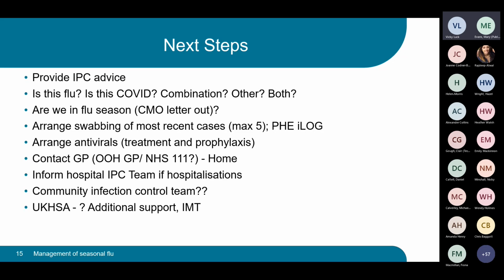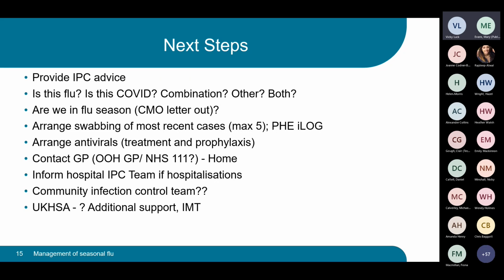Informing hospital infection control teams if you've got any of the residents that have been infected, and contacting any community infection control teams who may be able to provide support to the home if there's any particular infection control issues. And again, we're in quite a different picture at the moment with the pandemic, because general wearing of PPE is still occurring, which prior to the pandemic didn't happen, and even in outbreaks of flu, PPE wasn't routinely worn.